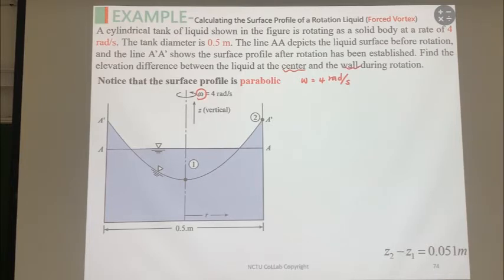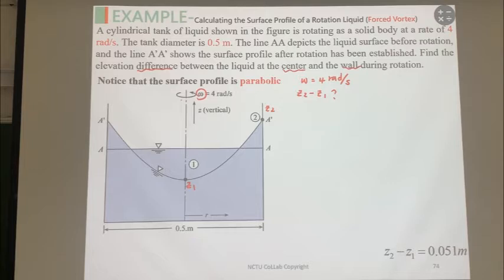So this is Z elevation 1 and this is Z elevation 2. So we would like to know the difference Z2 minus Z1. We need to find the solution for this problem.